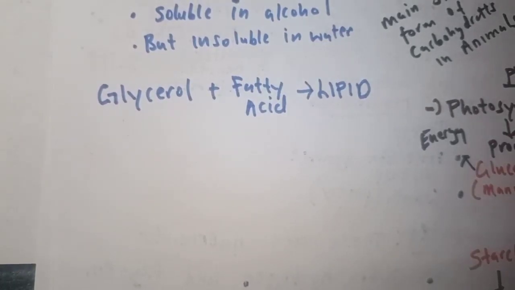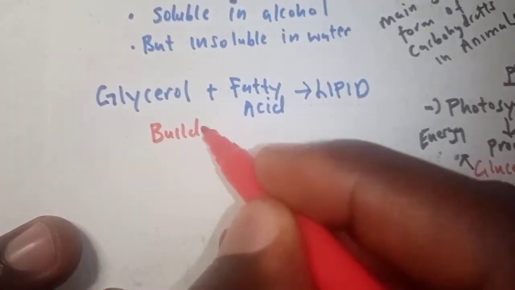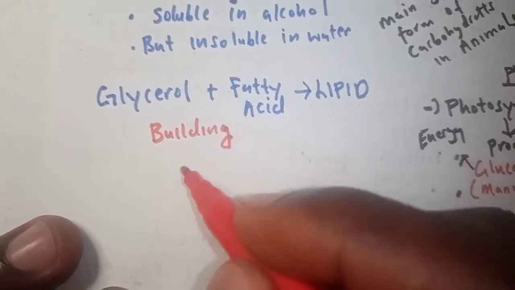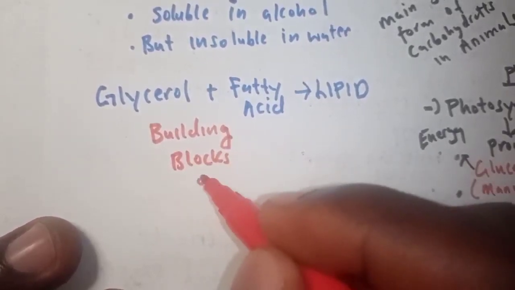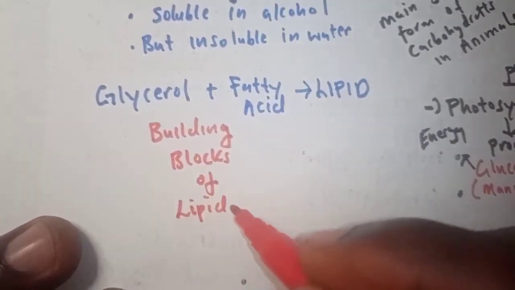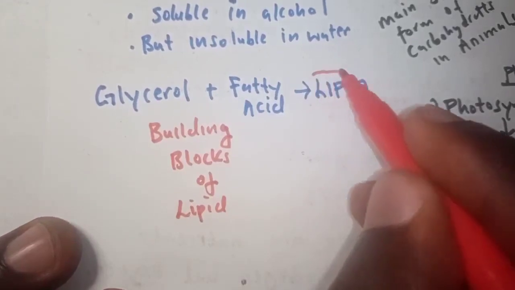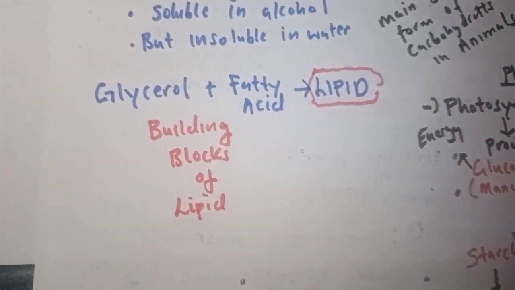So glycerol and fatty acid, we call these the building blocks of lipids, since when you add these, you build a lipid. So they are blocks that are used to build a lipid.